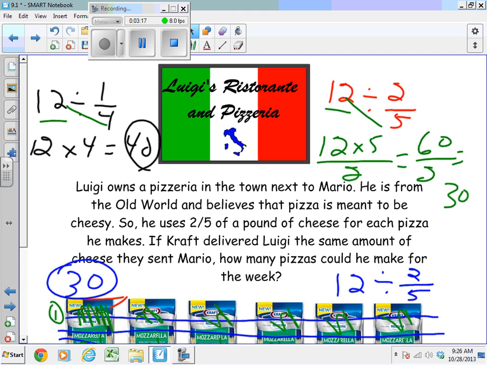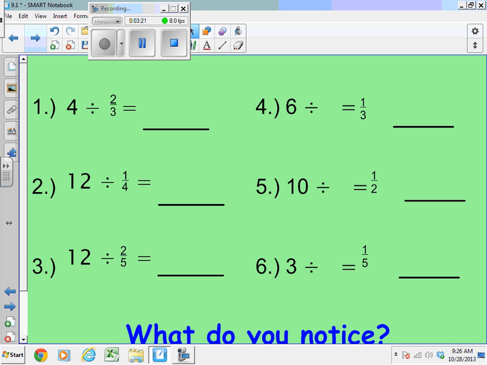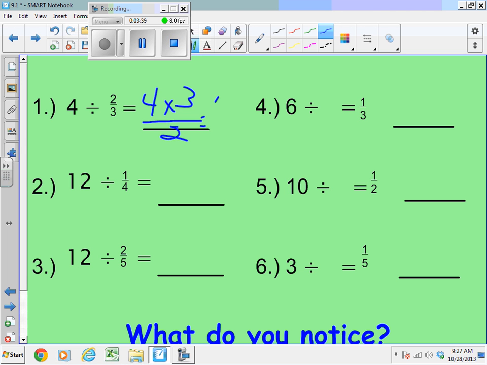So if that's the way you got the answers there, what would you do with problem number 1? Please explain to me what to do with problem number 1. Mackenzie? 4 times 3 equals 12, and then divided by 2 is 6. So you're telling me to say 4 times 3 divided by 2 equals 6. Is that what you're telling me? Yes.